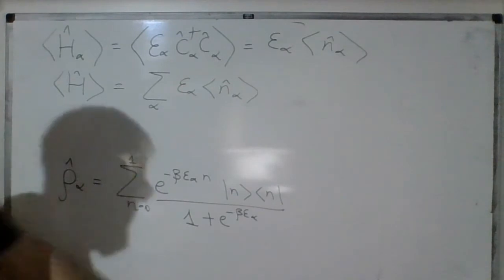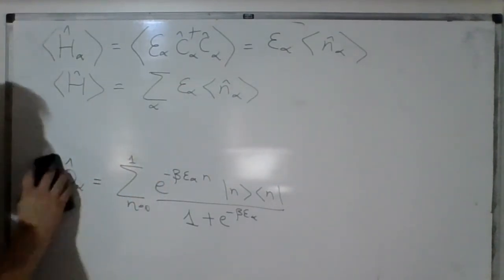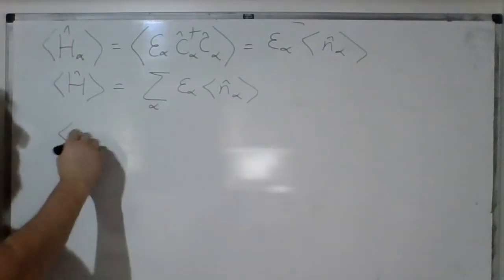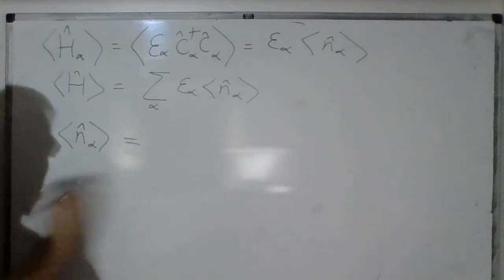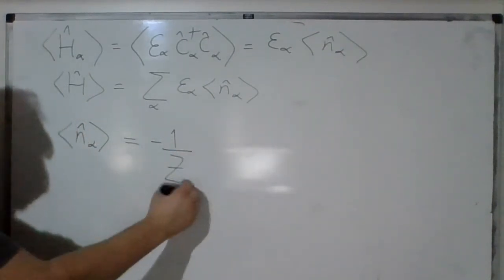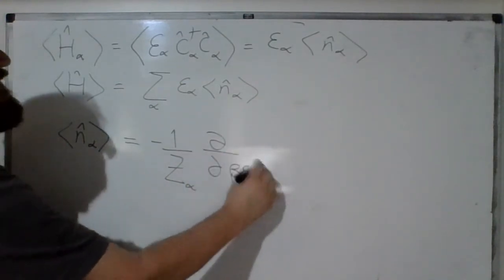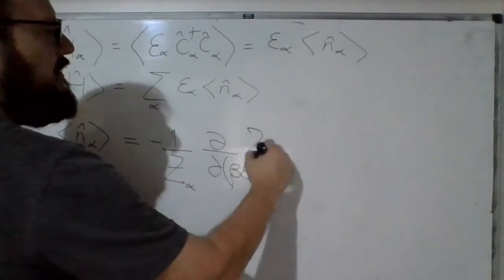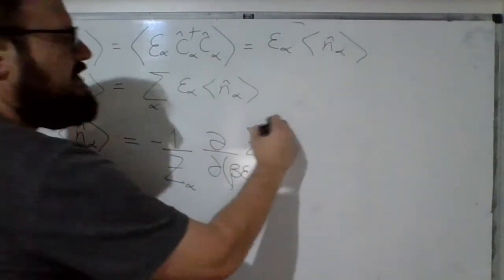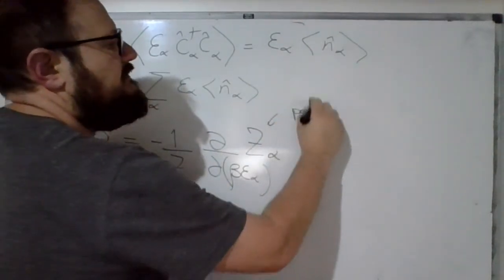And now, if you try to calculate what you have, and alpha on the average, it is 1 over Z of the state alpha, the derivative with respect to beta E alpha, of Z of the alpha state, the partition function of the subspace alpha. So this is the partition function.